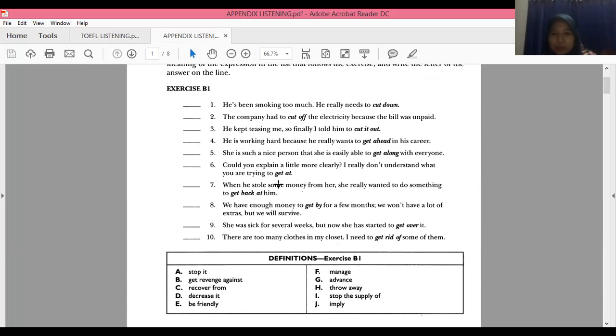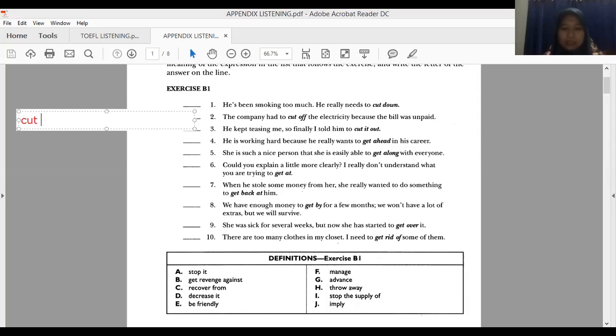It's better for you to write the answers in your notebook like A, 1, B, 2, E, 3, G. Or, if there is a note, you can write it in your book, for example, cut down. Then what is the answer from these options?